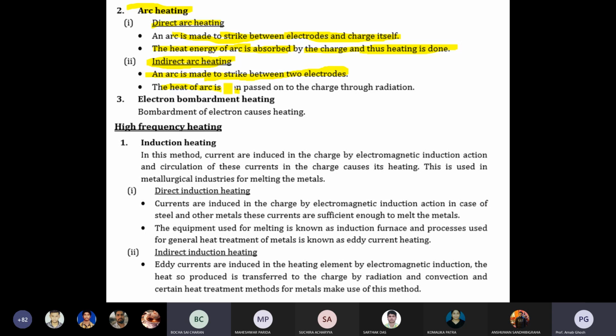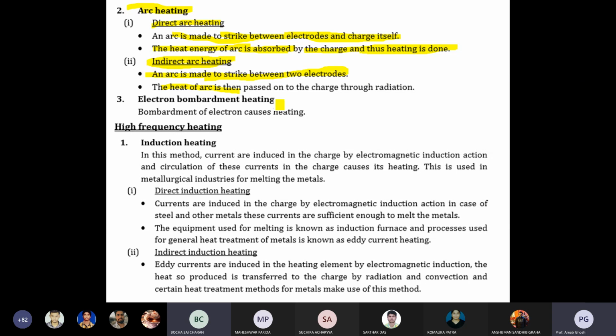That container holds the charge elements, meaning the melting elements. Now the arc is there, and due to the arc high current flows, which causes development of heat energy. That heat indirectly melts the materials.